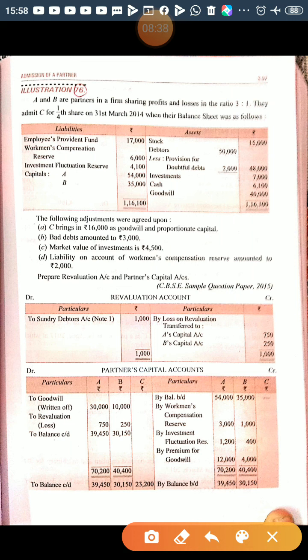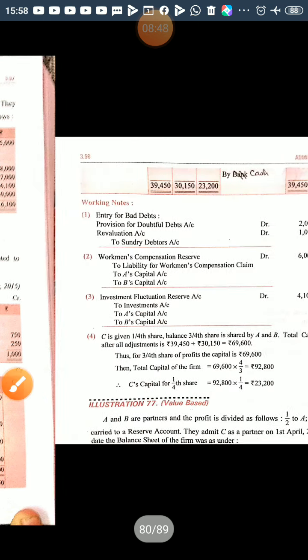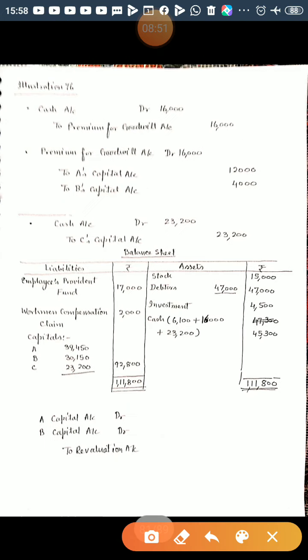A and B have an old ratio of 3:1 and C is coming for 1/4 share. C is bringing 16,000 as goodwill. So for that, the journal entry will be: cash account debited, premium for goodwill account 16,000, and this premium for goodwill will be credited to old partners in their sacrificing ratio, because nothing is mentioned in the question about how the old partners have sacrificed in favor of C. So their old ratio will be the sacrificing ratio.